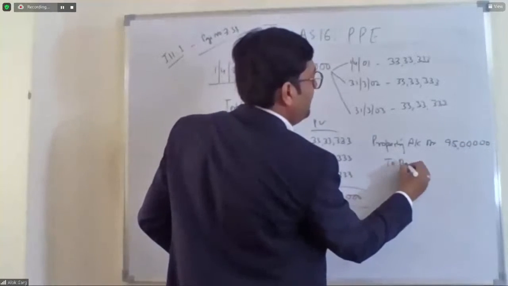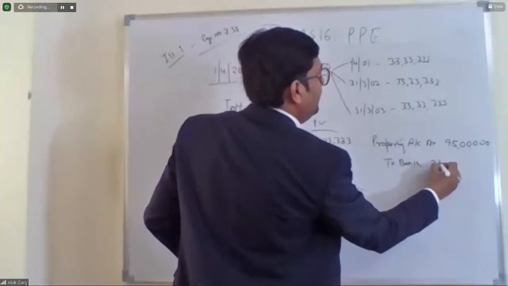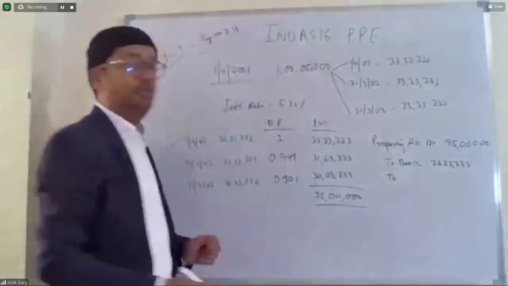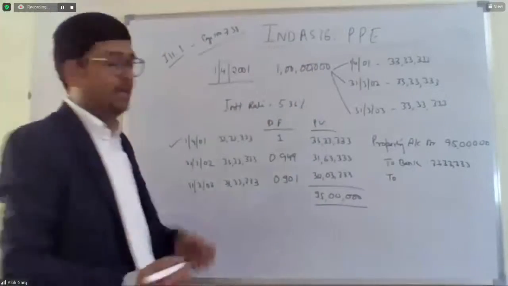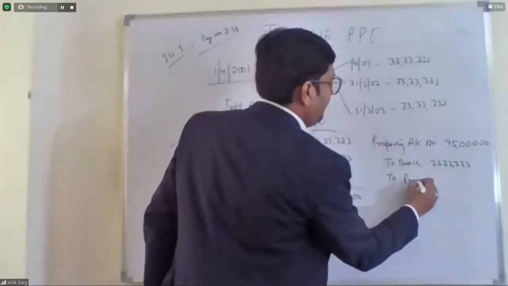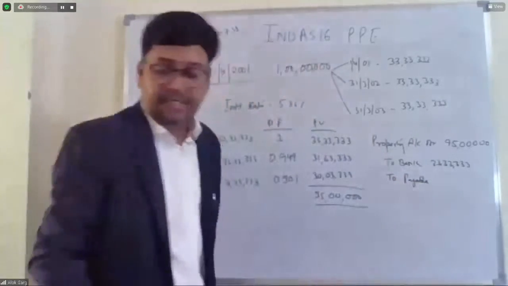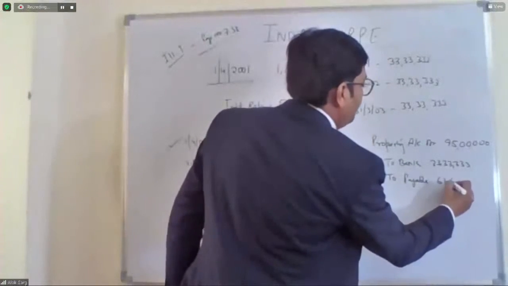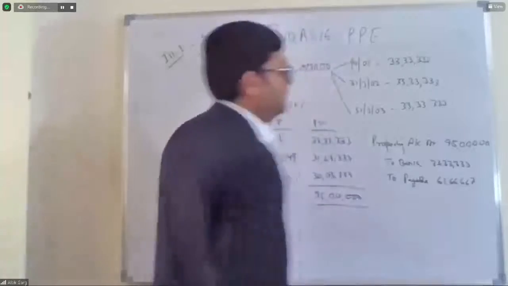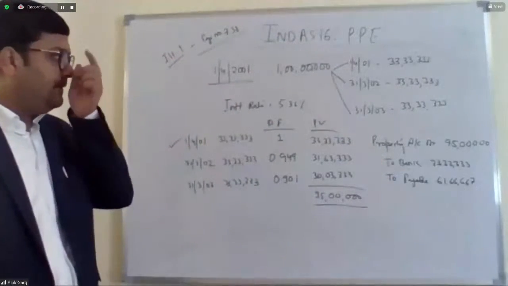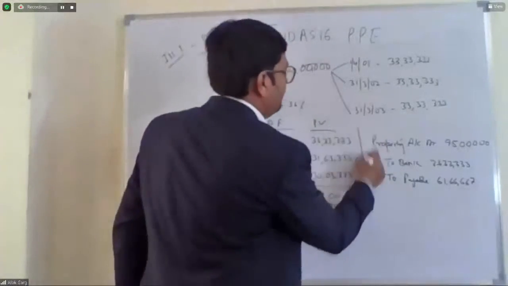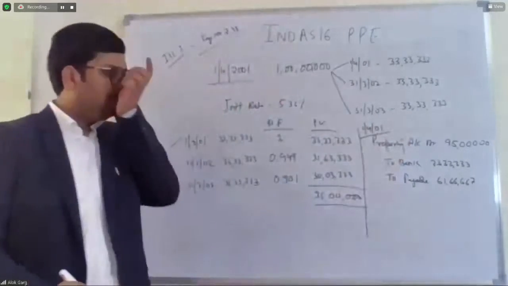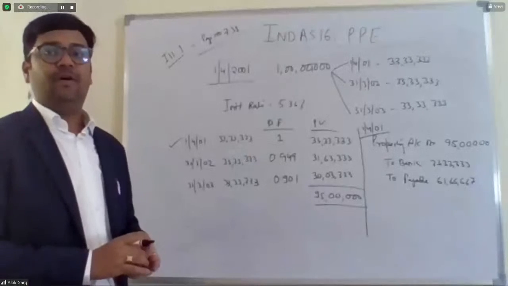To bank account, the first installment, 33,33,333. To vendor account, creditor account or payable account, how much? 95 lakh minus 33,33,333, which is 61,66,667. So this is the first entry required on 1st April 2001.